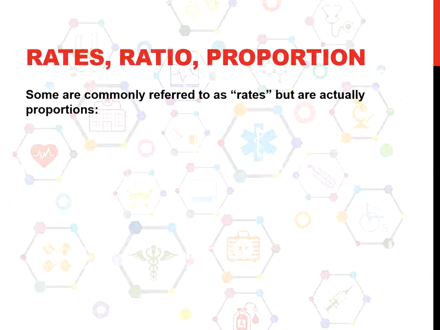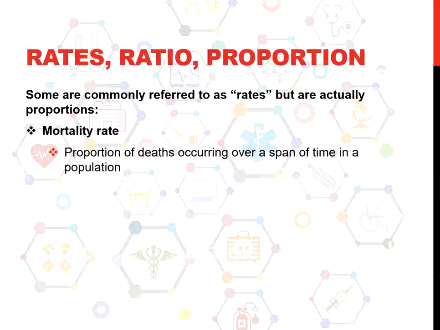Okay. So, here are some commonly referred to as rates but are actually proportions. So, may rate siya sa pangalan niya pero sila talaga is proportion. So, mortality rate. So this is the proportion of deaths occurring over a span of time in a population.